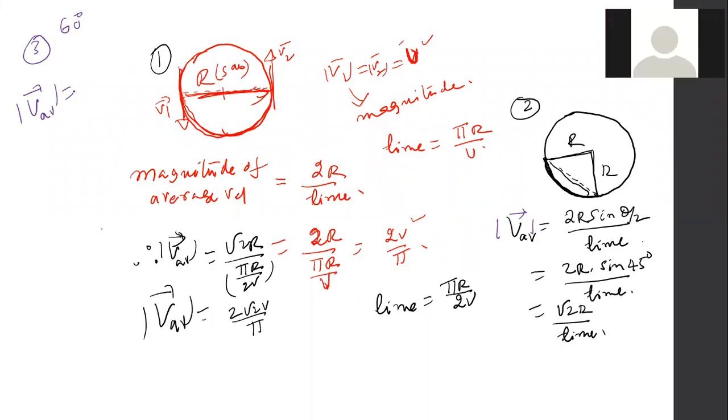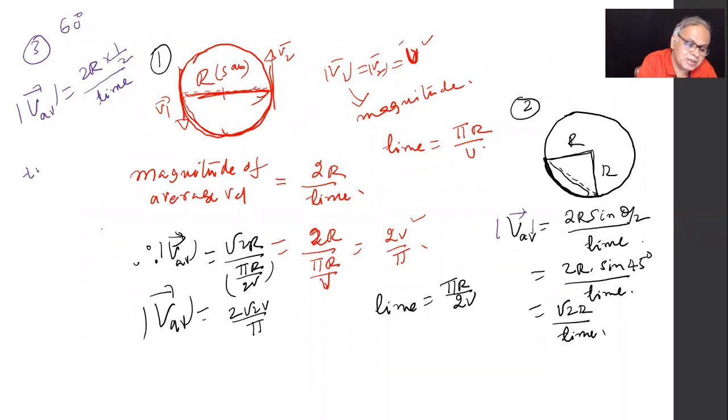Sine 60 by 2 is sine 30. Sine 30 is half. So 2r into 1 by 2, divided by time. But time will be how much, children?